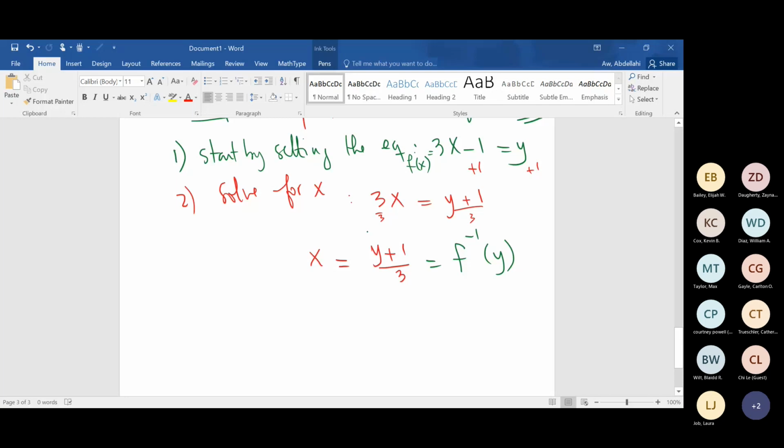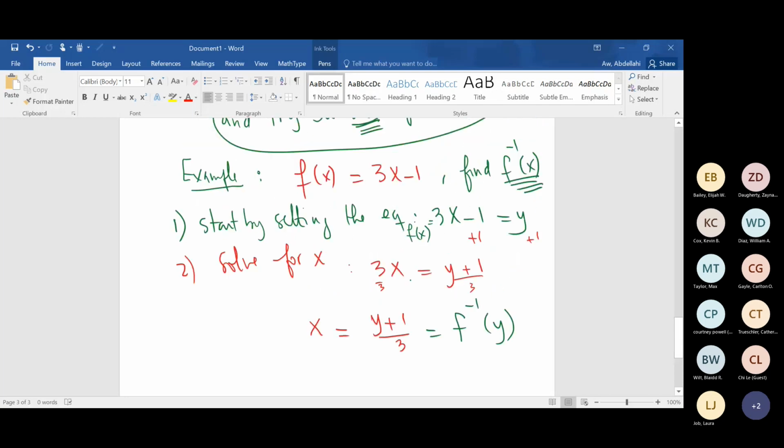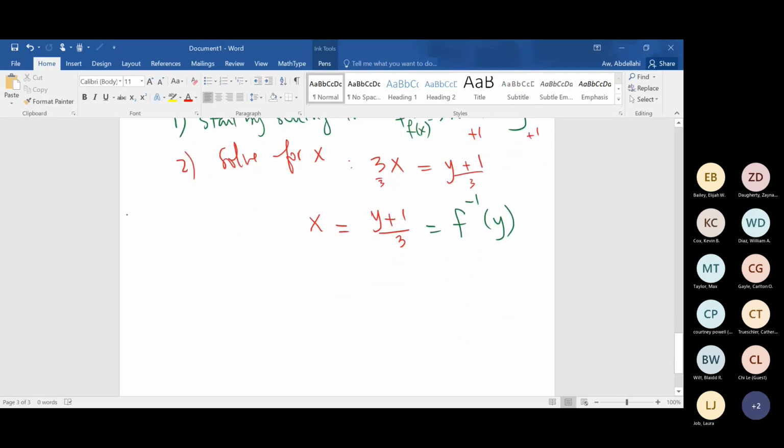I'm done. But then I put this answer in Alex, and Alex tells me I'm wrong. They asked me to put f minus 1 of x equals, and I input y plus 1 over 3. Then Alex tells me I'm wrong and gives me a 0. What would be the reason?